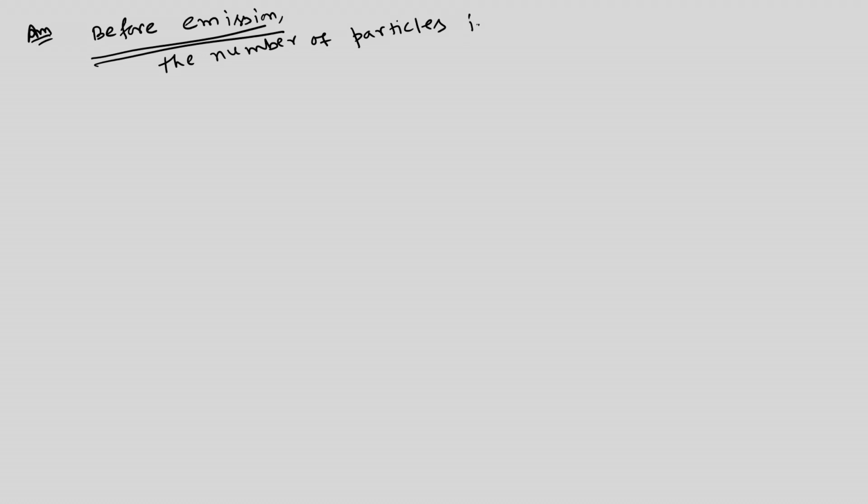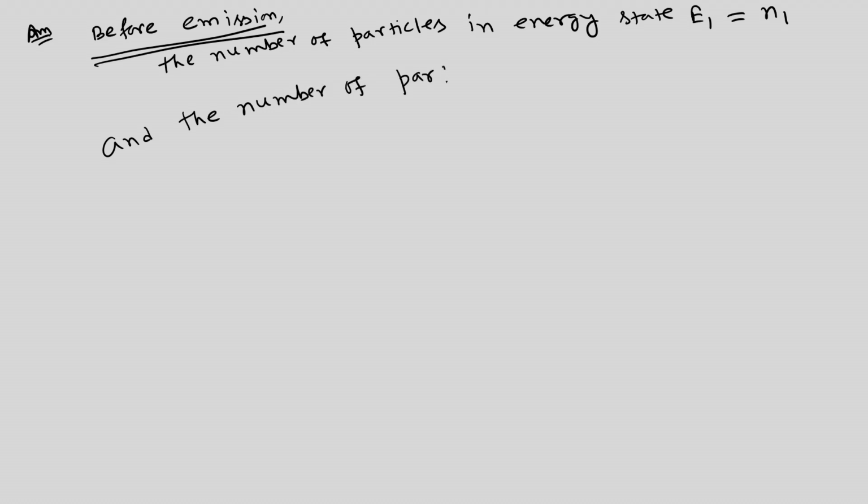So, before emission, the number of particles in energy state E1 was N1 and the number of particles in energy state E2 is N2.